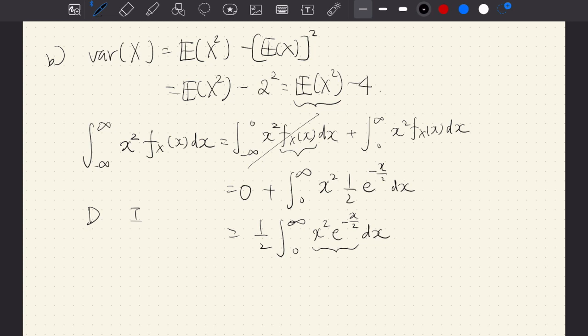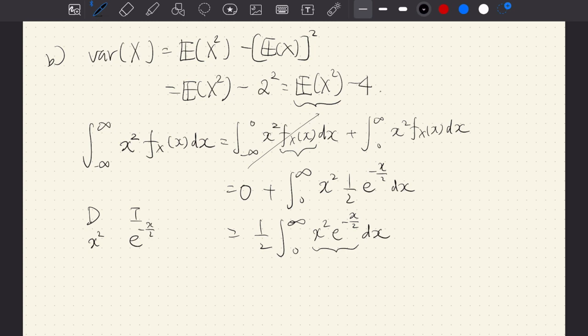Okay, and by our previous choice, we know that the polynomial should go through the D column, because we want to differentiate x squared so that it becomes x, and later it becomes a constant and eventually 0. Okay, so in the D column we have x squared, and in the I column we have e to the negative x over 2. Okay, now let's use the DI method.